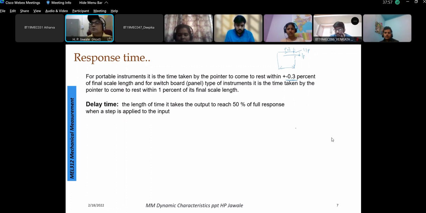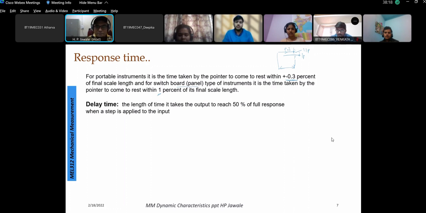There are different thumb rules. This is just for information: it is 0.3% if the instrument is handy, and if it is a switchboard type instrument having a pointer on it, it is taken as around 1% of the final full scale length.